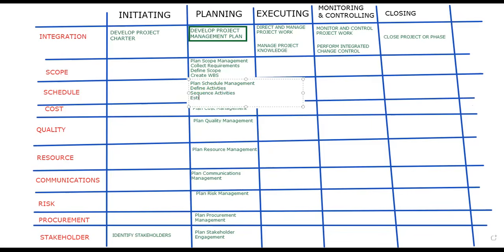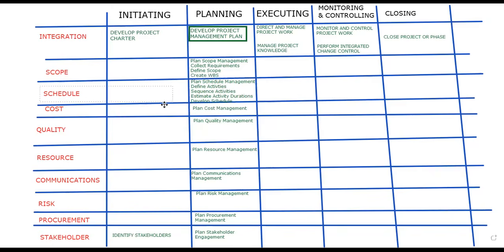Then you've got to estimate the activity durations. How long will each activity take, right? So sequence the activities, put them in the logical order of occurrence, just so that you're testing the logic and the flow of the work you're doing. And after you estimate activity durations, you put all of that together into a coherent schedule, and we call that develop schedule. And that's what you're doing in schedule management.